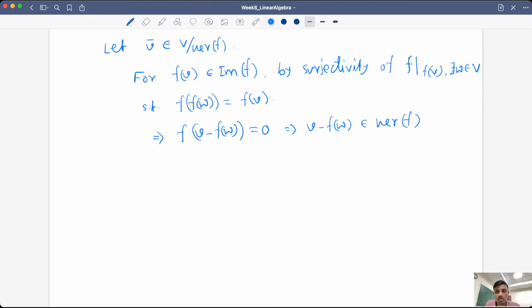Then, by the definition of the relation in the quotient, this means that v bar equals w bar, and that means f bar of w bar. So we get, by the surjectivity of f restricted to the image, the surjectivity of f bar. So this implies f bar is surjective.